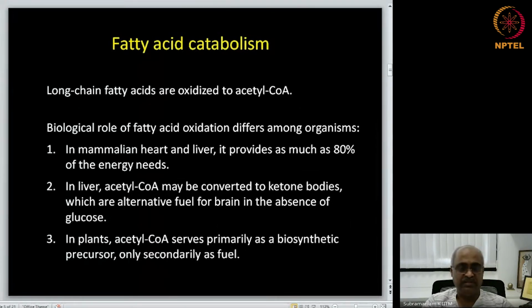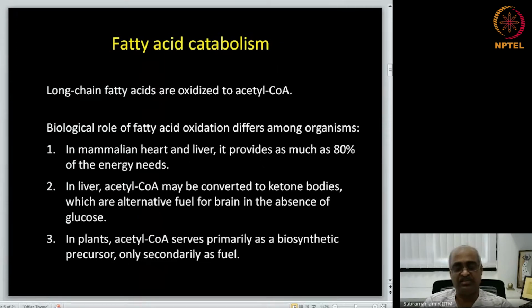And why these ketone bodies are produced is because, if you remember, brain normally depends on glucose as the source of energy, because only glucose crosses the blood-brain barrier, not fatty acids. So in the absence of glucose, when you are just not eating carbohydrate, then liver produces ketone bodies which also can cross the blood-brain barrier and become alternative fuel for the brain.